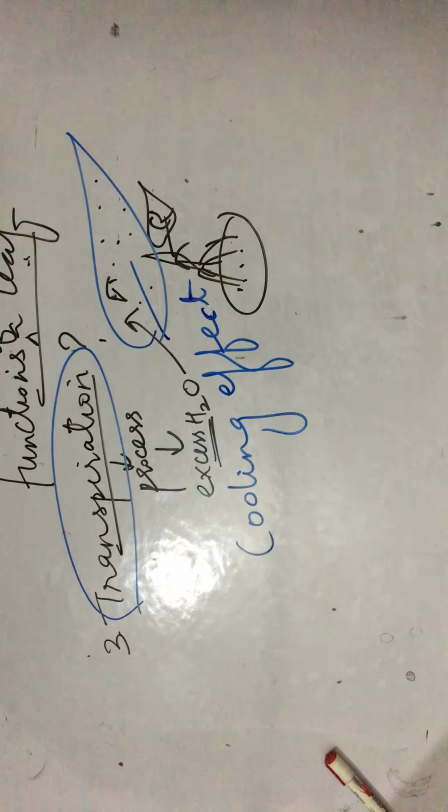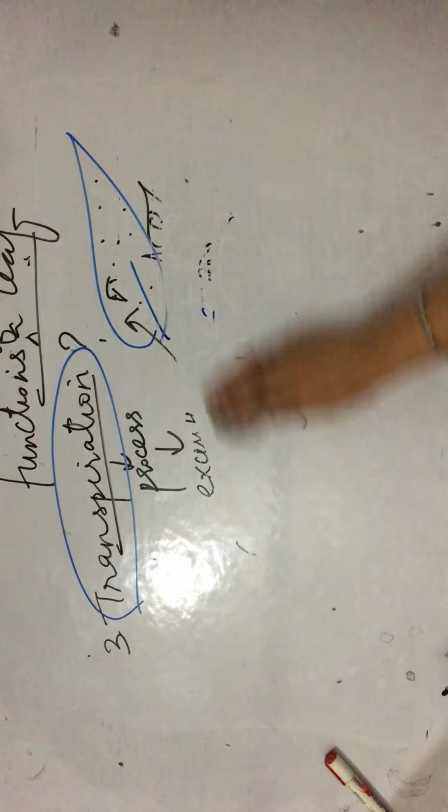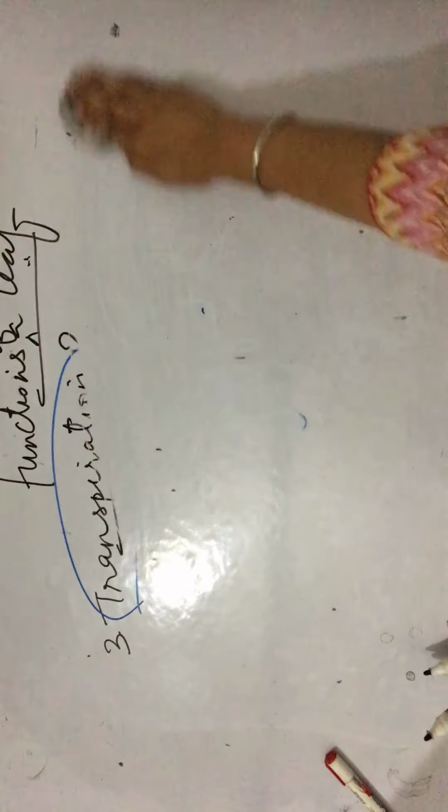Okay. Now, these are the few things about the leaf. Next are activities. Two activities are explained in your book. We'll deal with activity number 1. What is the first activity? You have to prove that starch is formed in a plant.